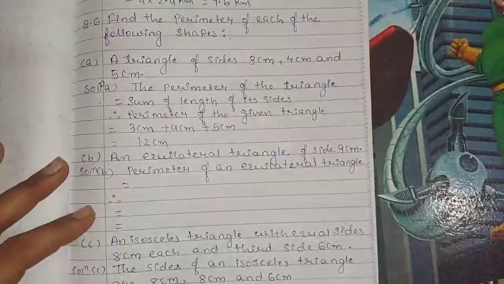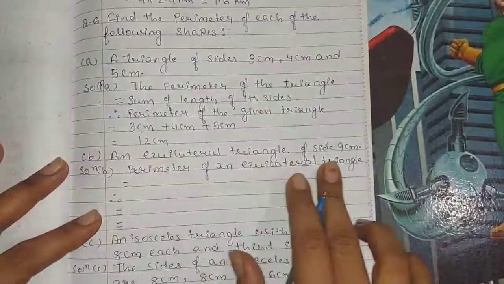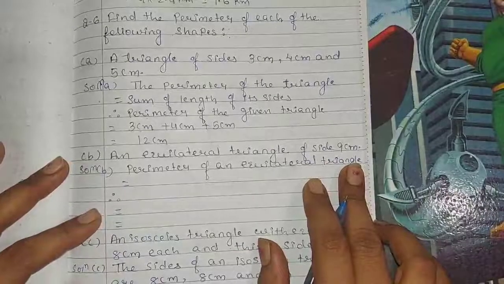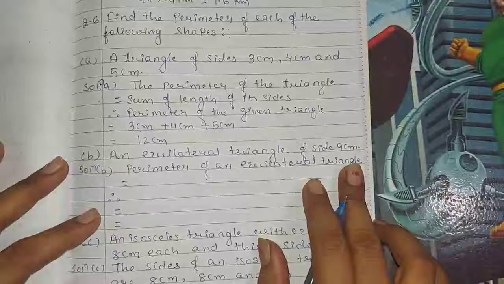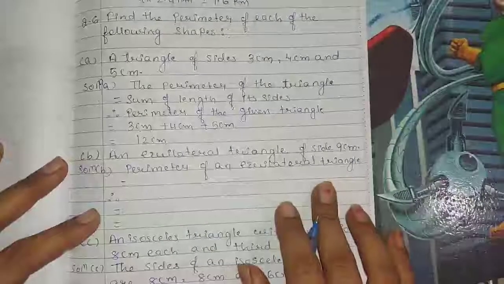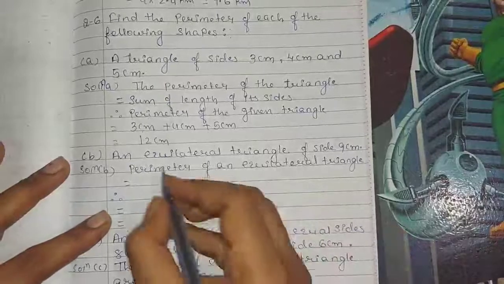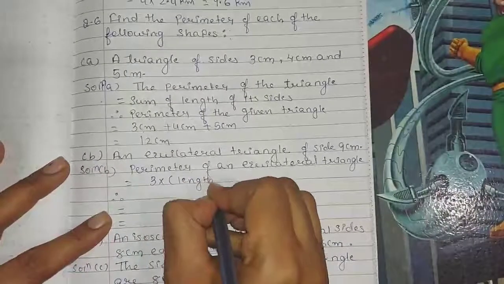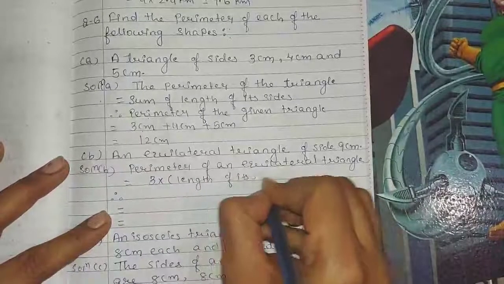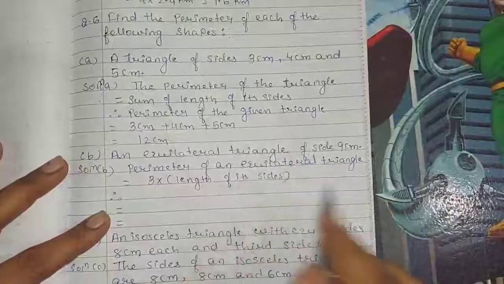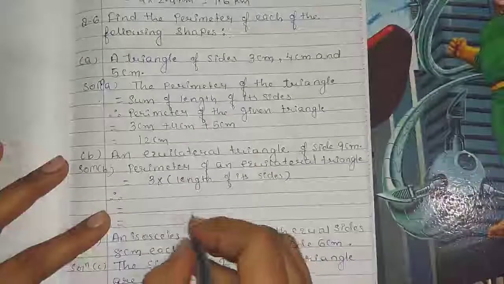Next is an equilateral triangle of side 9 cm. Students, what is the property of an equilateral triangle? All three sides are equal. So the perimeter of an equilateral triangle equals 3 multiplied by the length of its side. Why have we done 3 multiplied by the length of its side? Because all three sides are equal in an equilateral triangle.